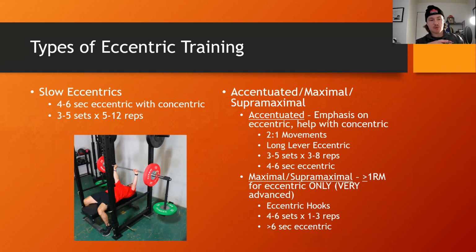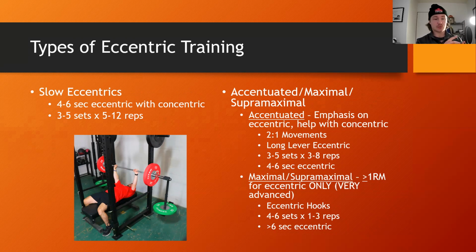Now I put the sets and reps there, and that's really subject to change. It's very dependent on when you're using it. It also depends on the length of the eccentric. So typically, if you're doing 12 reps, I wouldn't recommend doing a 6-second eccentric. One, because it's going to suck. It's going to be very long.